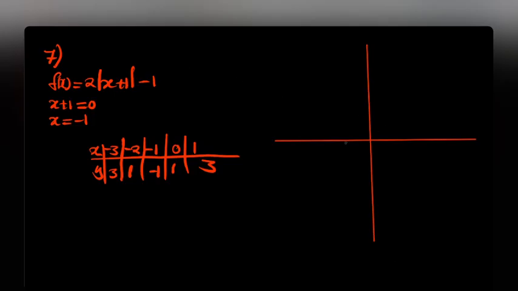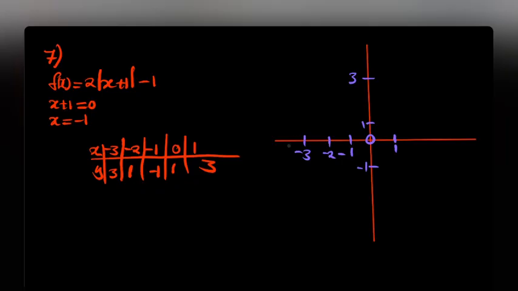So we have 1 here, this is 0, then this is 1, then this is -1, then here we have -2, and here we have -3. So for the y values, we have here a -1, then here we have a 1. We know that 3 will be somewhere there.